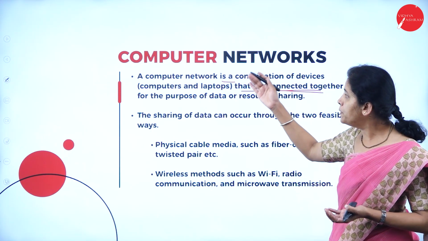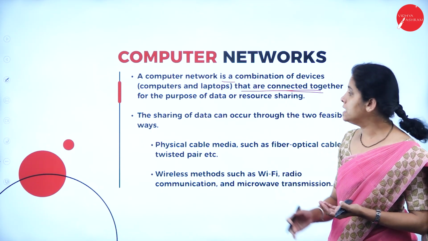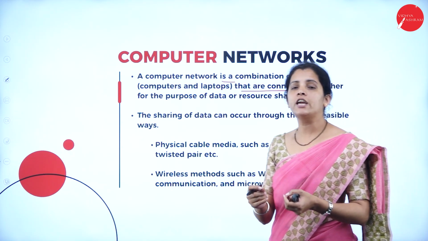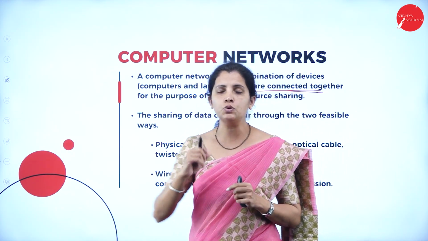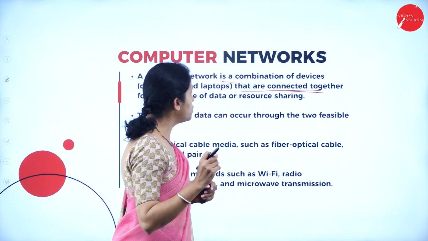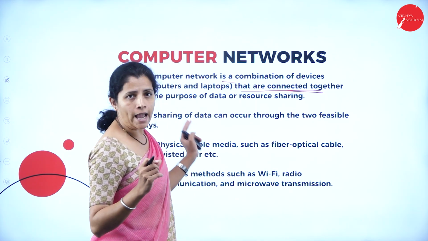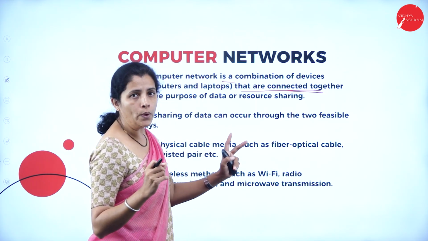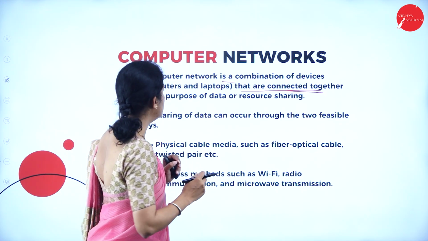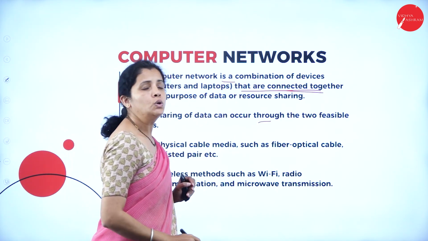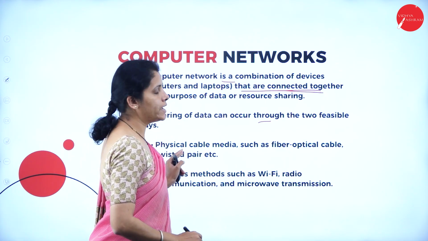And the computer network is mainly used to share the data. Here, sharing can be done in two ways; in the sense, the data is shared through two possible ways.